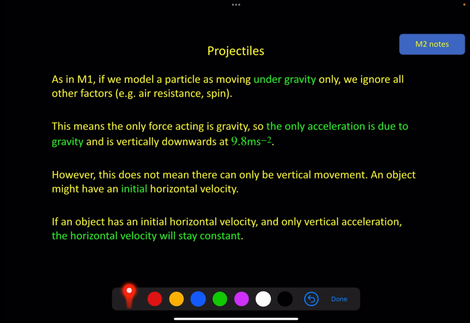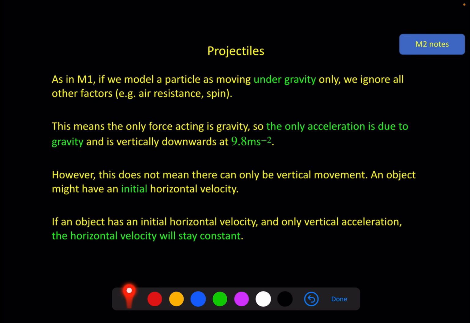What that means is, if it only has a vertical acceleration, the horizontal velocity, if there is any, will stay constant throughout the question. So you can still use your constant acceleration formulae, but in the horizontal component, the acceleration will always be 0, which is actually really good because it makes a lot of the equations far simpler.